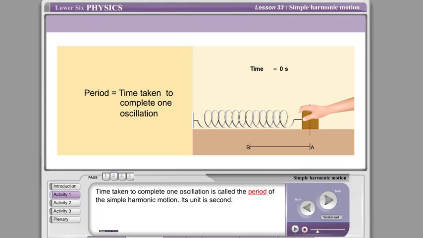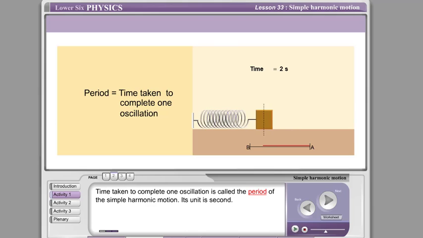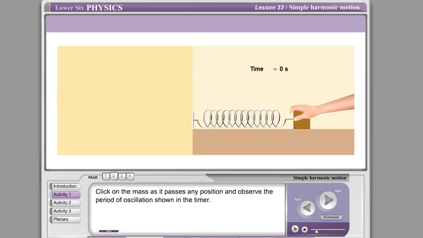Time taken to complete one oscillation is called the period of the simple harmonic motion. Its unit is second. Click on the mass as it passes any position and observe the period of oscillation shown in the timer.